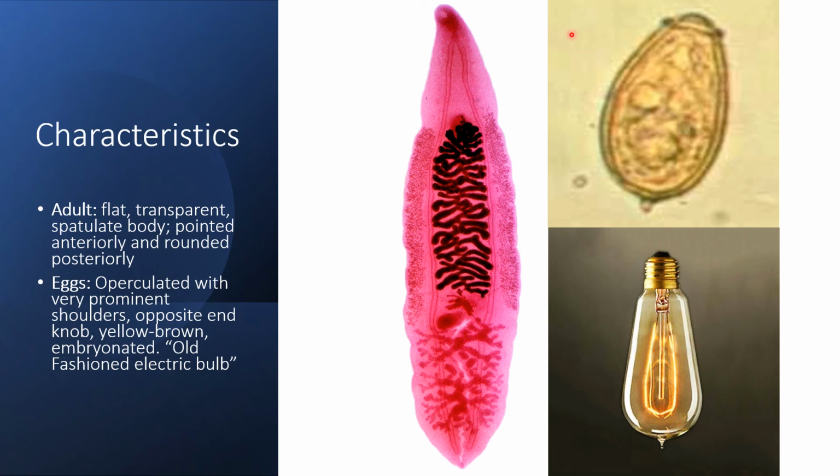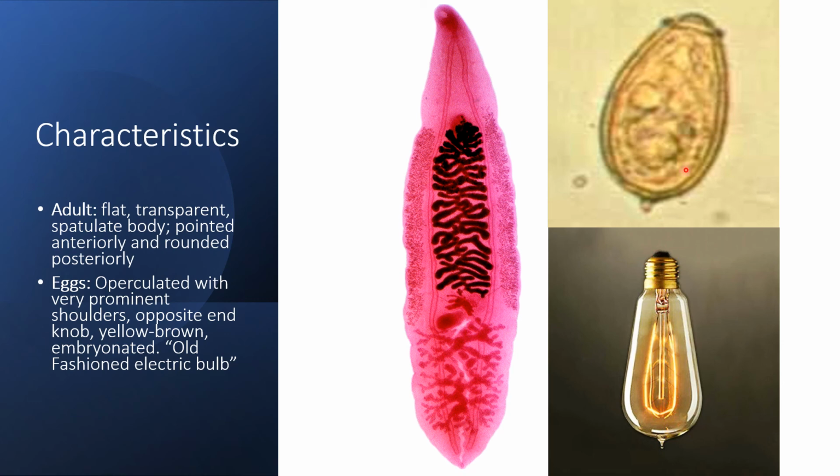It contains a small comma-shaped appendage at the abopercular end, known as the abopercular knob. So, guys, its egg resembles an old-fashioned electric bulb. It is very, very obvious.